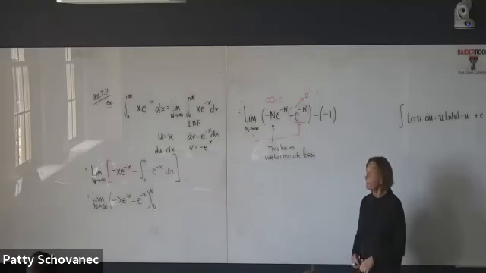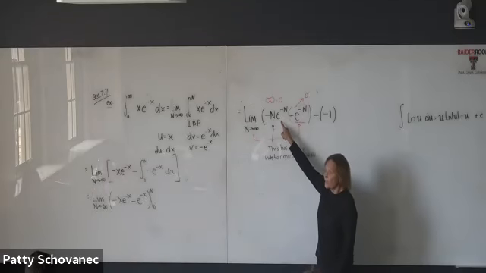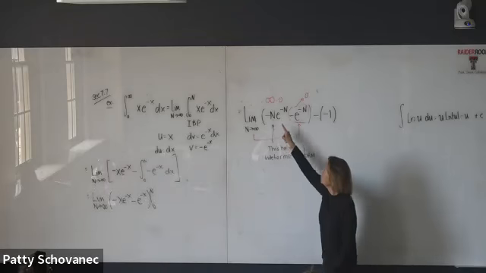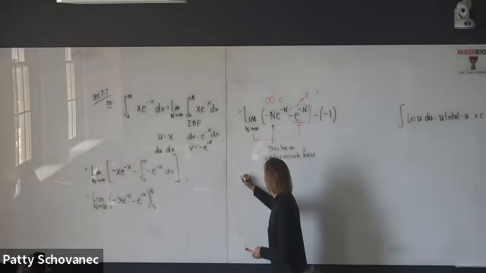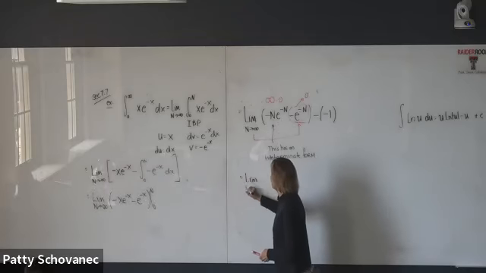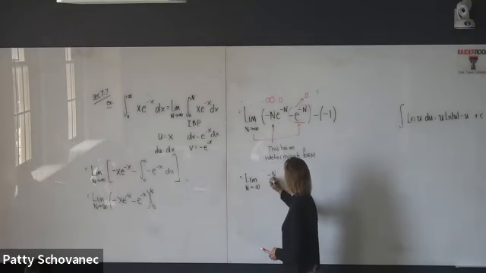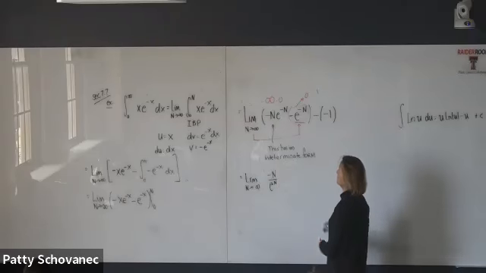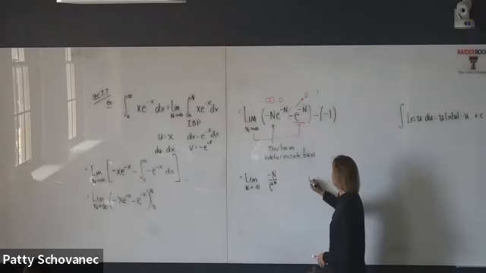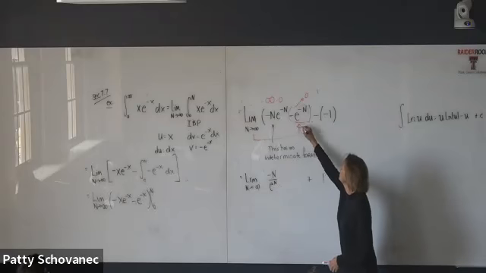So I'm going to do that, but I'm going to take the term with the negative exponent and put it in the denominator to make the exponent positive. So with that particular thing, we're going to have a limit as n goes to infinity of minus n divided by e to the positive n. And that was 0, and that's going to be just plus 1 on the end of this.